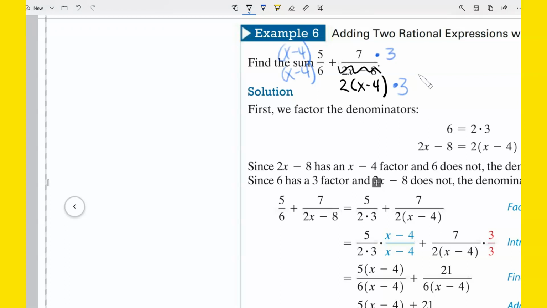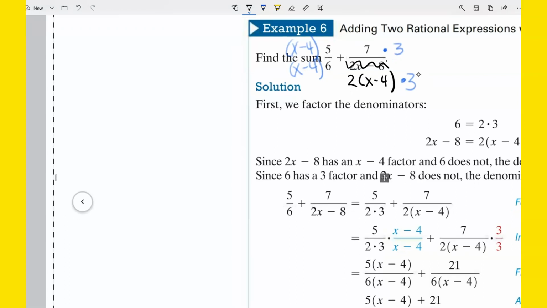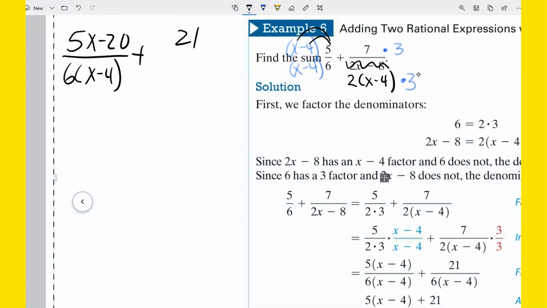That's going to give me 5x minus 20 when I distribute that 5, over 6 times x minus 4, plus 3 times 7 is 21 on the top of the right fraction. And on the bottom of the right fraction, I'm going to multiply the 2 with that 3, and that becomes 6. And that's also times x minus 4.